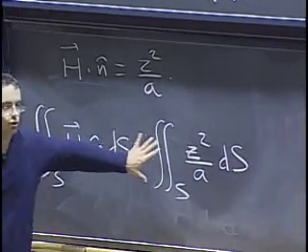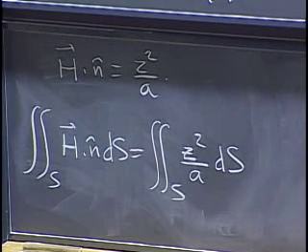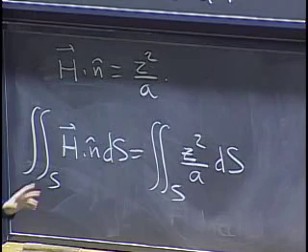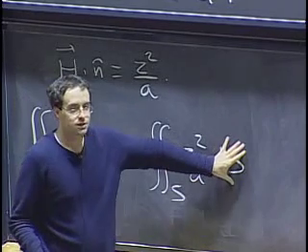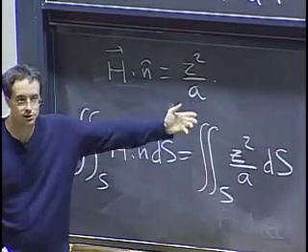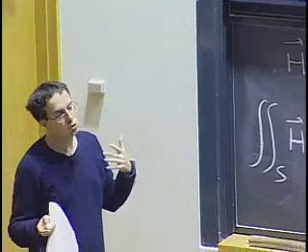Well, we can take out the 1 over a, that's fine, but looks like we'll have actually to integrate z squared on the surface of the sphere. So how do we do that? Well, we have to figure out what is dS in terms of our favorite set of two variables that we'll use to integrate. Now, what's the best way to figure out where you are on the sphere? Well, you could try to use maybe theta and z. If you know how high you are and where you are around, in principle, you know where you are on the sphere.